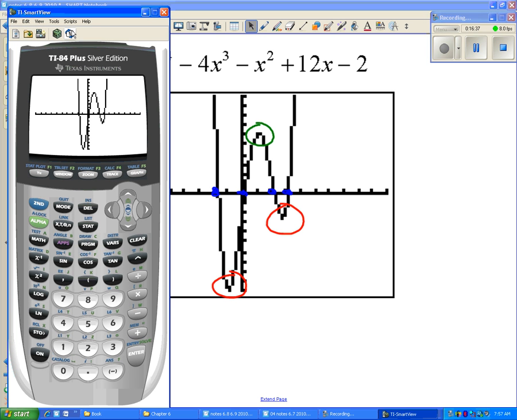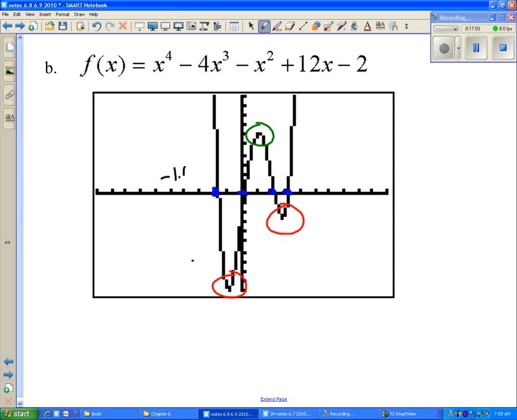So again, I want to first go to y equals, and remember that my y2 is 0, so I can use intersection. Second trace, go to the calc function, number 5 is intersection. 1, 2, go over to this point over here, and I get the intersection negative 1.60. So this first one is negative 1.60.